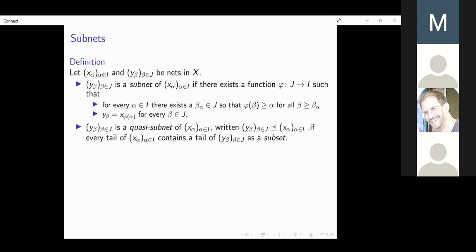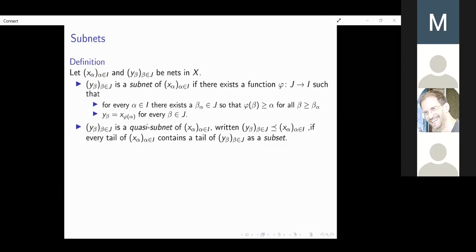Right? And now something which is less familiar is the concept of a quasi-subnet. So y beta is a quasi-subnet of x alpha, which we write in this way, if every tail of x alpha contains a tail of y beta as a subset. Right, so note that the particular ordering on the index sets is not so important here.